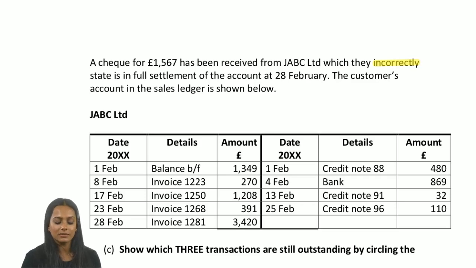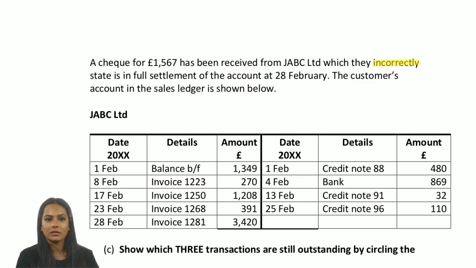The customer's account in the sales ledger is shown below. So we know the customer paid us some money, but this does not clear their account. This is an incorrect amount that they have stated will settle the account.